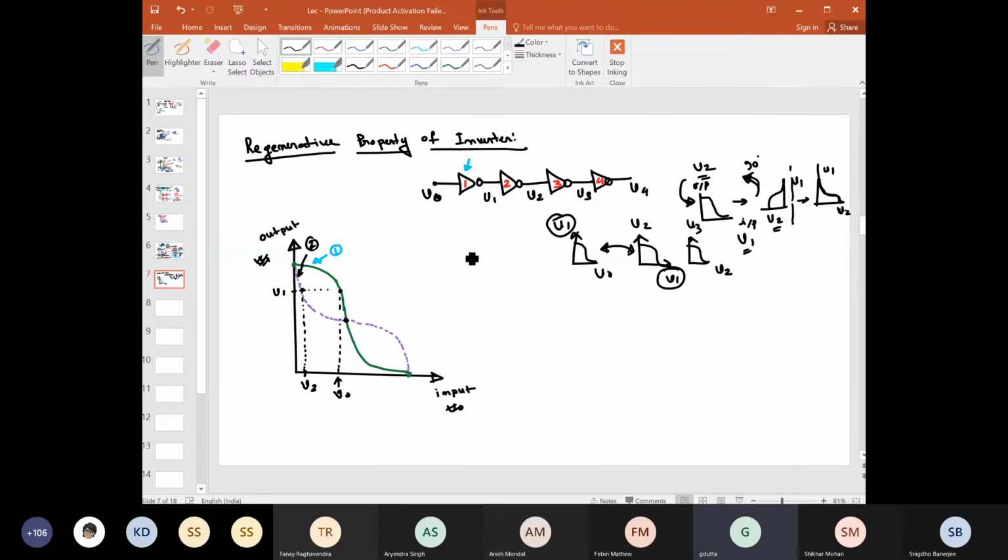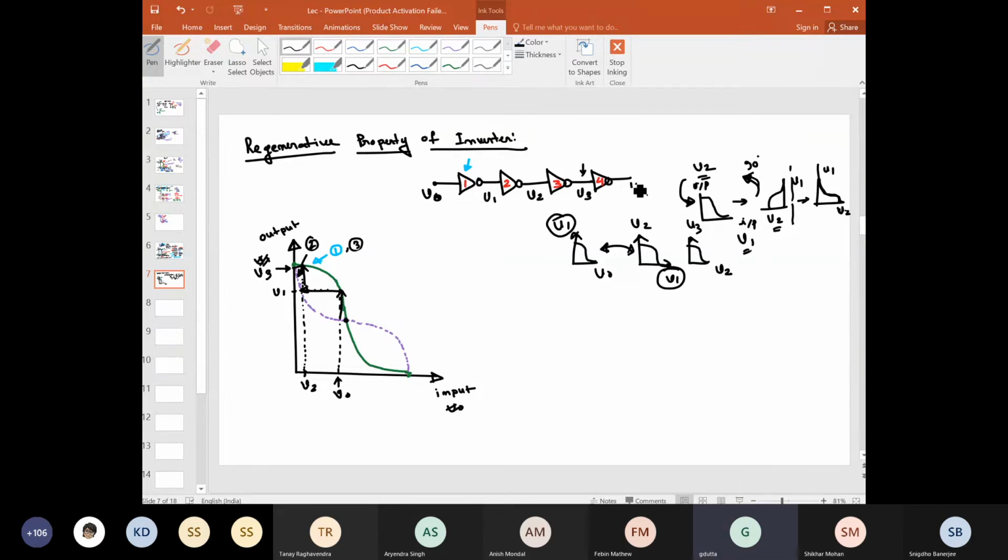If this is the output of the second inverter, what will be the output of the third inverter? For the third inverter, again this is 1, and also for the 3. Then again you have to take a line here, or better, I think I can go like this, like this. What will be the output here? The output would be here, this V3. So V3 is the output of this inverter.